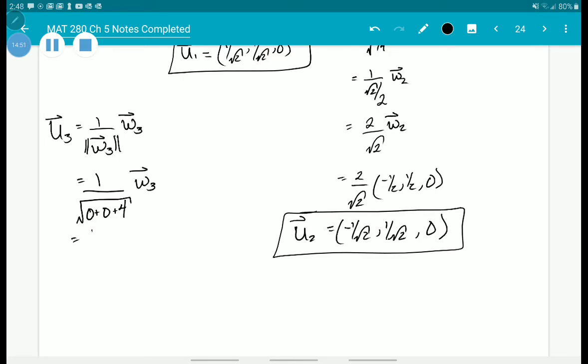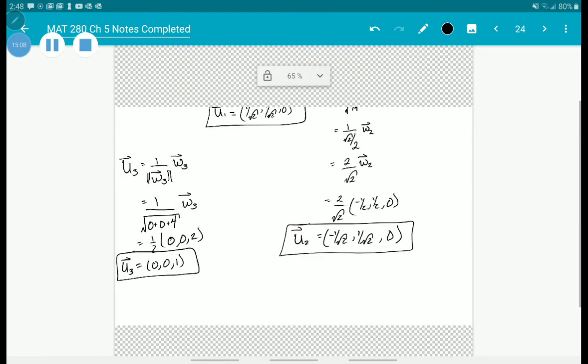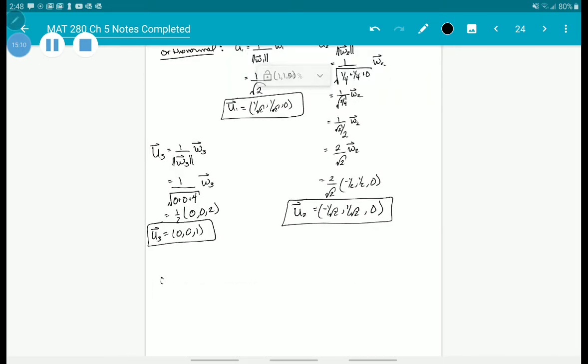So that's going to be 1/2 of W3. So there's our U3. So then our orthonormal basis consists of these three vectors.